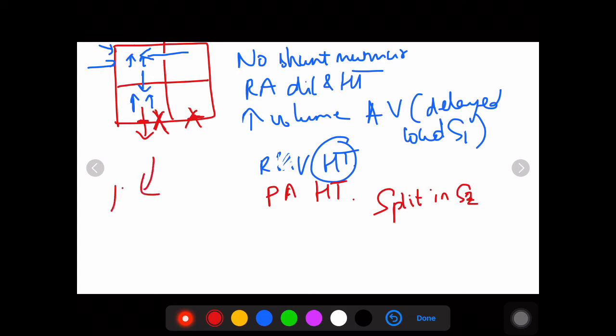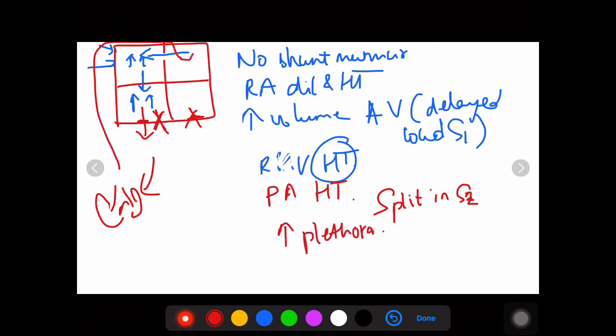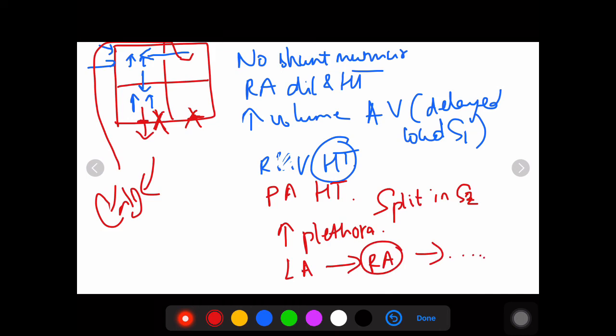And then it goes to the lungs, and we'll see there is increased plethora in the chest X-ray. Once again, blood goes from the left atrium to the right atrium, and the cycle continues. All right, so this is what happens usually.